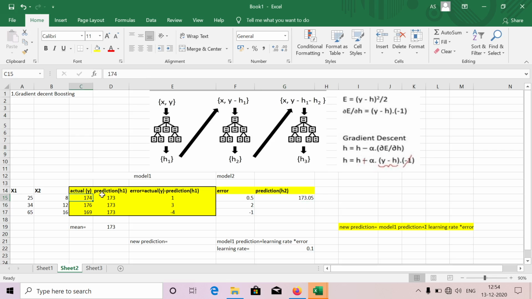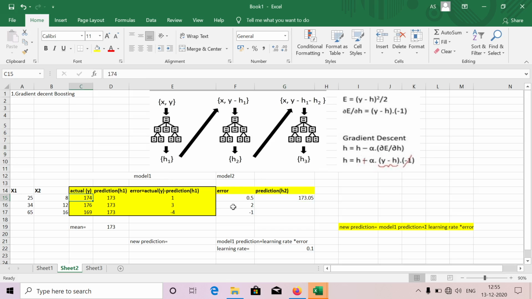See here, we are trying to bring my prediction closer to the actual value. If I go through further iterations, finally I will reach 173, 174. For example, in the first iteration I got 173, and in the second model I got 173.05. I am trying to reach the actual value.